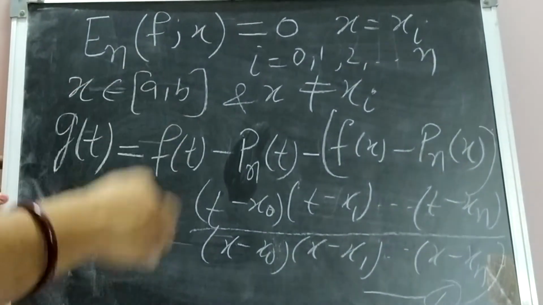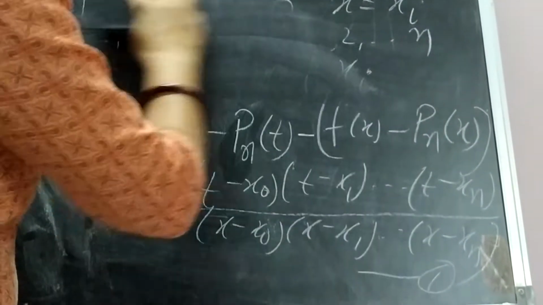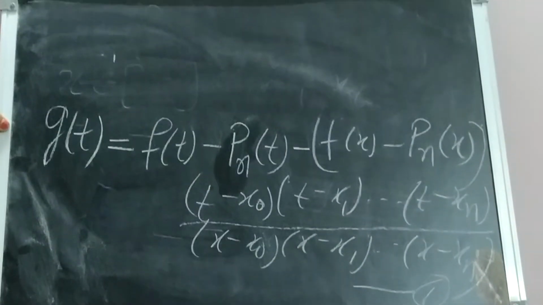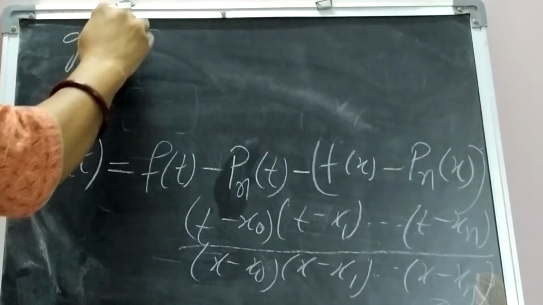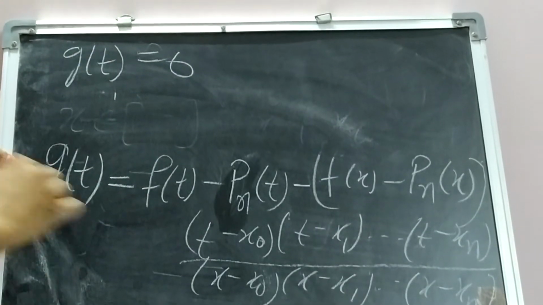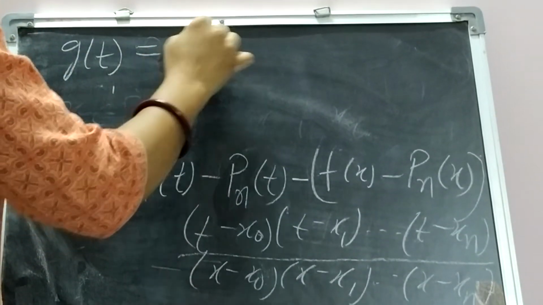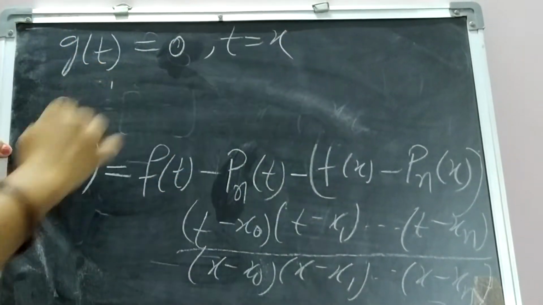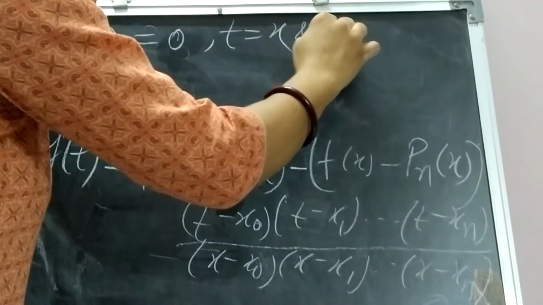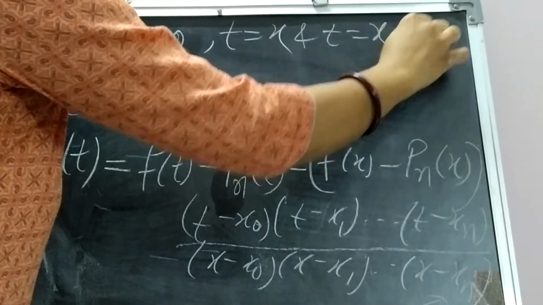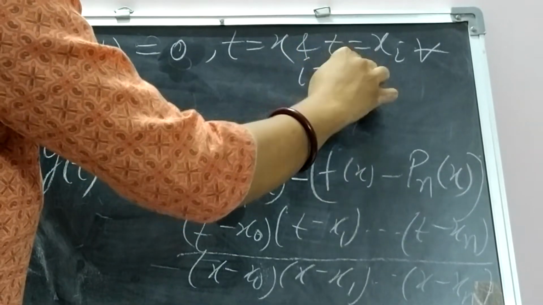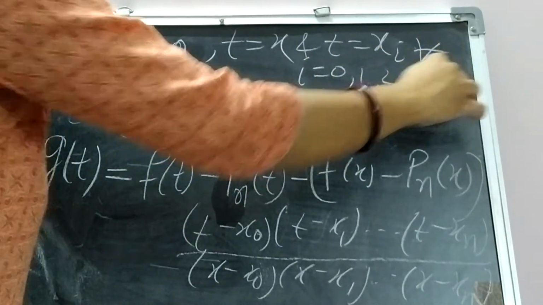Now here also, as there, we observe that this g(t) will be equal to 0 at t is equal to x, and t is equal to xi for all i equal to 0, 1, 2, ..., n.